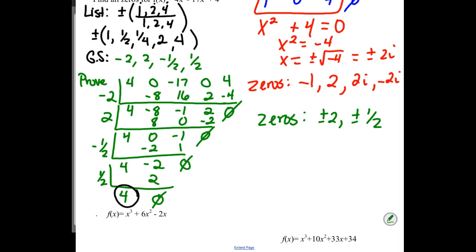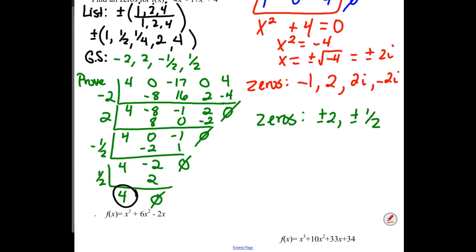Now, you do have another option. Once we did 2 synthetically, we took our x to the 4th and we got it down to an x squared right here. Okay? That is 4x squared, no x's, and a minus 1. Yes? Could we have found the zeros from that?